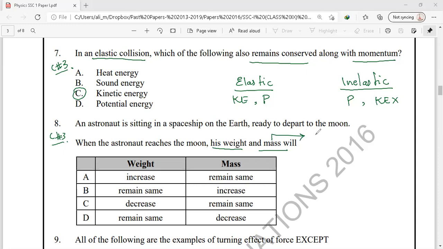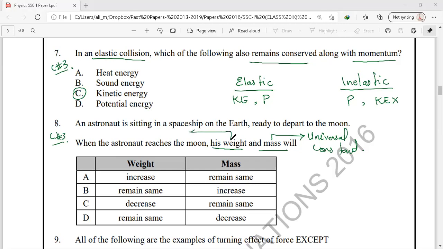So, as we know, mass is a universal constant. The mass of the body never changes until and unless the body is deforming its shape, size, or volume. So the mass of the body always remains constant no matter where the body lies. It is on the surface of Earth or it can move to the surface of the moon.